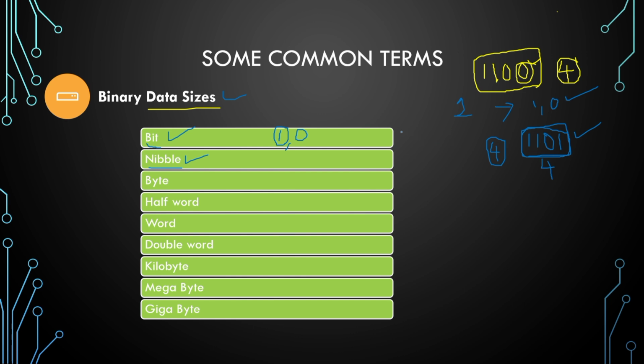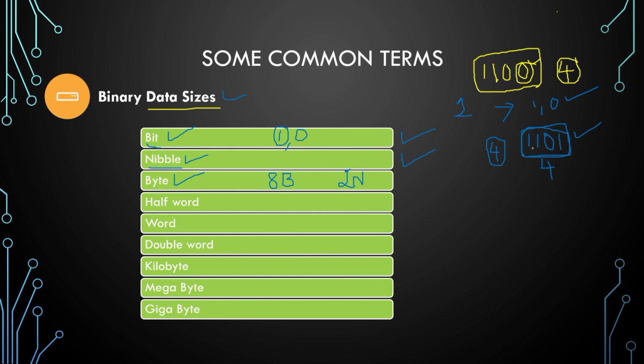Bit is nothing but your single digit data. Nibble is nothing but your 4 digit or 4 bits of data. Then we have byte. A byte is nothing but 8 bits of data or 2 nibbles of data. So any data which contains 8 bits is called a byte, or any data which contains 2 nibbles is called a byte.